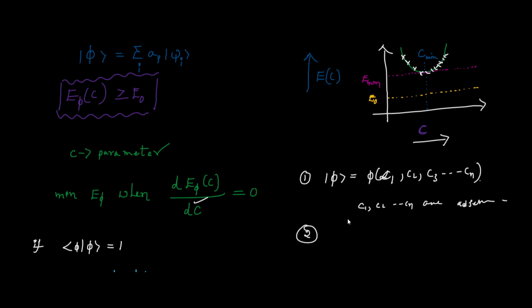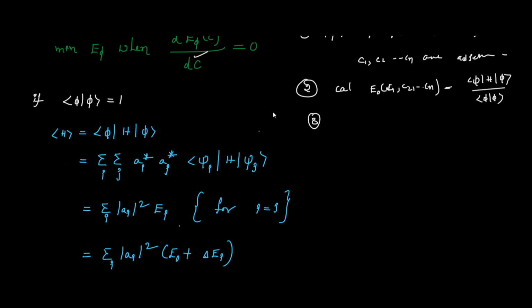The second step is to calculate the energy with respect to this guess, as a function of C1, C2 and so on. The third step is to minimize the E value with respect to the adjustable parameters.